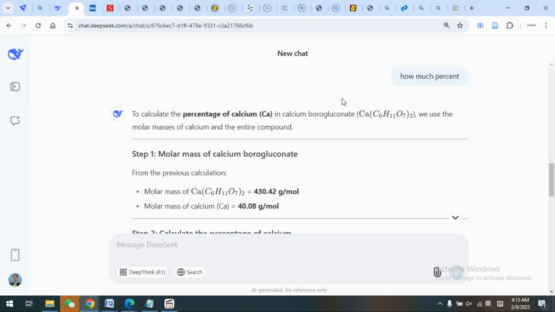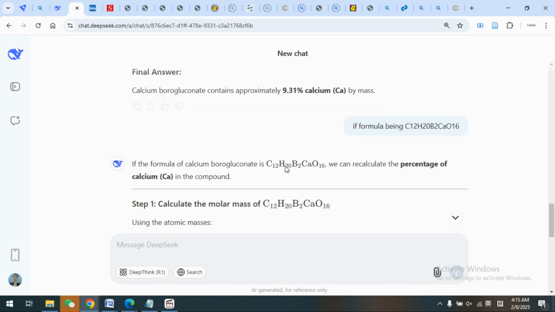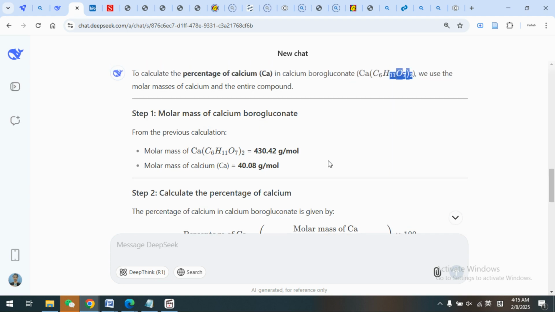It detected the formula of calcium borogluconate as C6, 6 multiplied by 2 is 12, 11 multiplied by 2 is 22, meaning hydrogens are 22, and oxygens are 20. Boron is 2. I think it detected the boron, right? No, it has not detected boron.